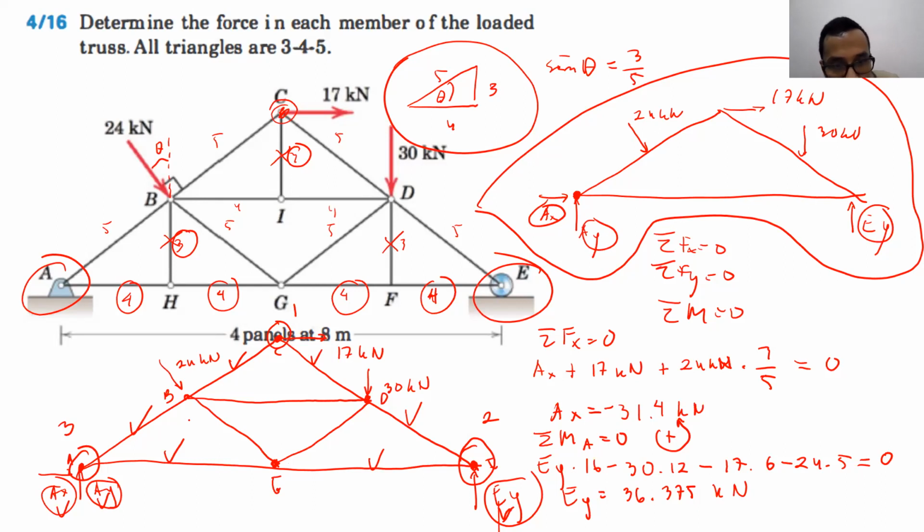B unknowns-nya ada berapa, setelah menyelesaikan C, E, A? Ada 2. D ada berapa sekarang? 1. Coba lihat dulu dong. Di D itu ada berapa? Ada BD belum kan? DG belum kan? Iya, Pak. Itu juga bisa diselesaikan kan ya?